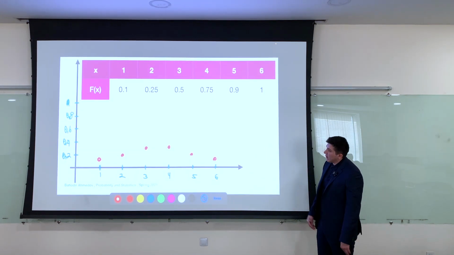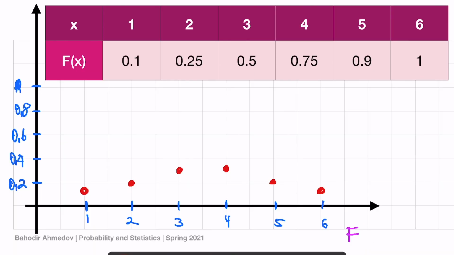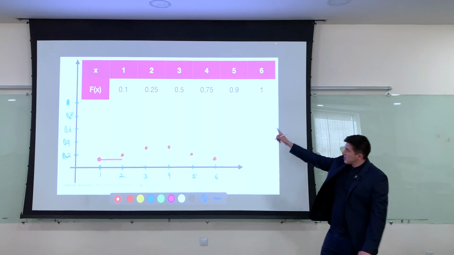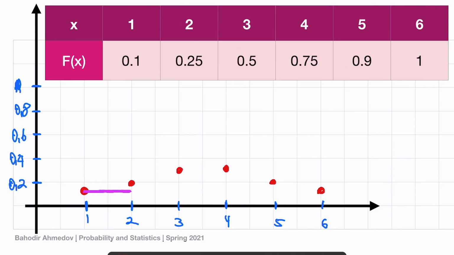Okay? So now let's try to sketch the graph of the CDF. For all of the values between 1 and 2, the cumulative distribution function is going to be 0.1. Okay, something like this. So if I just looked at this table and asked, what is F of 1? From this table, 0.1. But what is F of 1.5? Do you remember what this is by the definition?